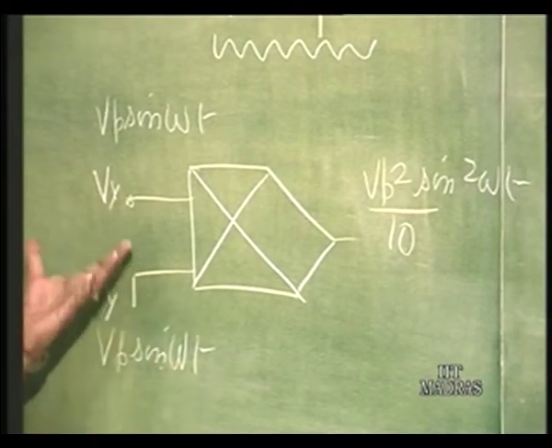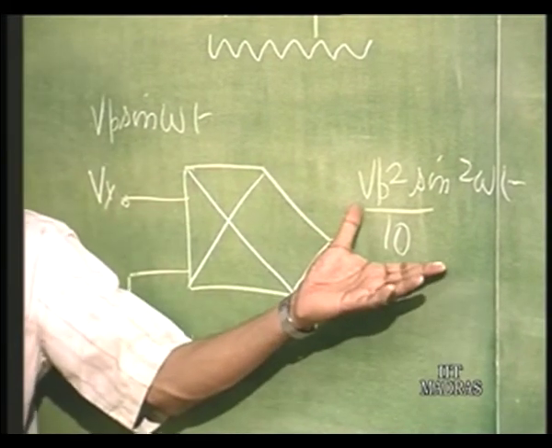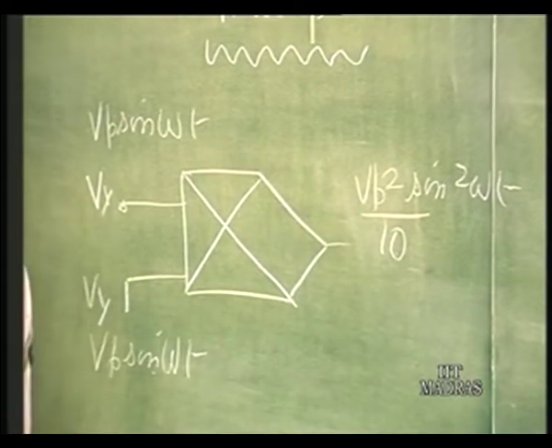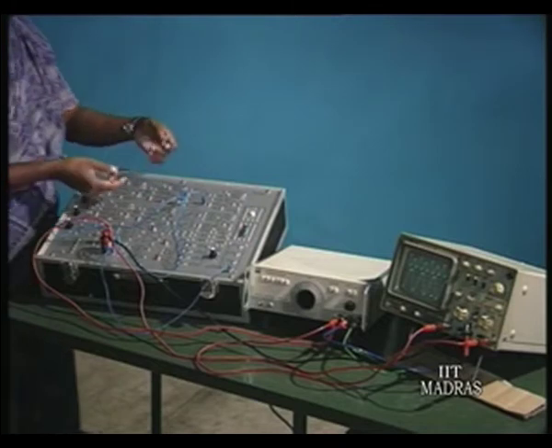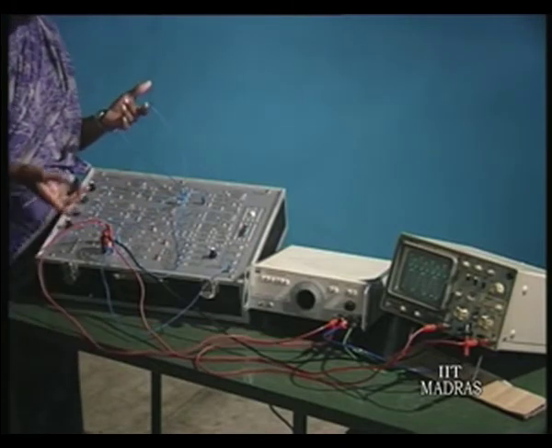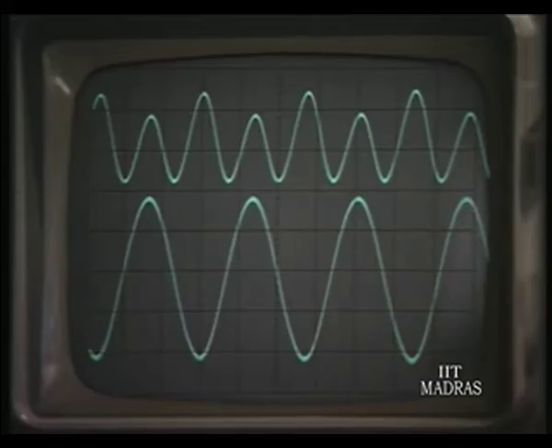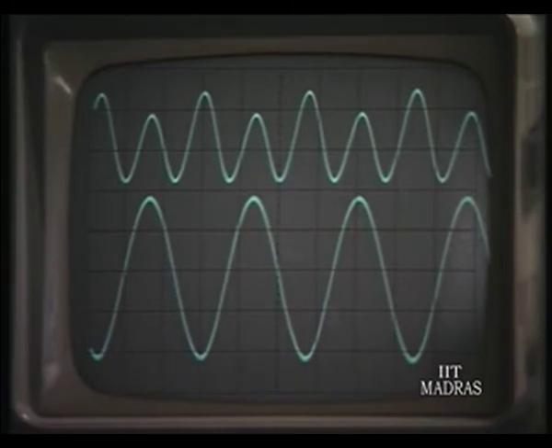So, if you feed omega, you get 2 omega as the output. This is demonstrated very clearly now by feeding the same input to both inputs of the multiplier, and you can see here for one cycle of the input waveform, which is shown at the bottom, you have 2 cycles of the output waveform.